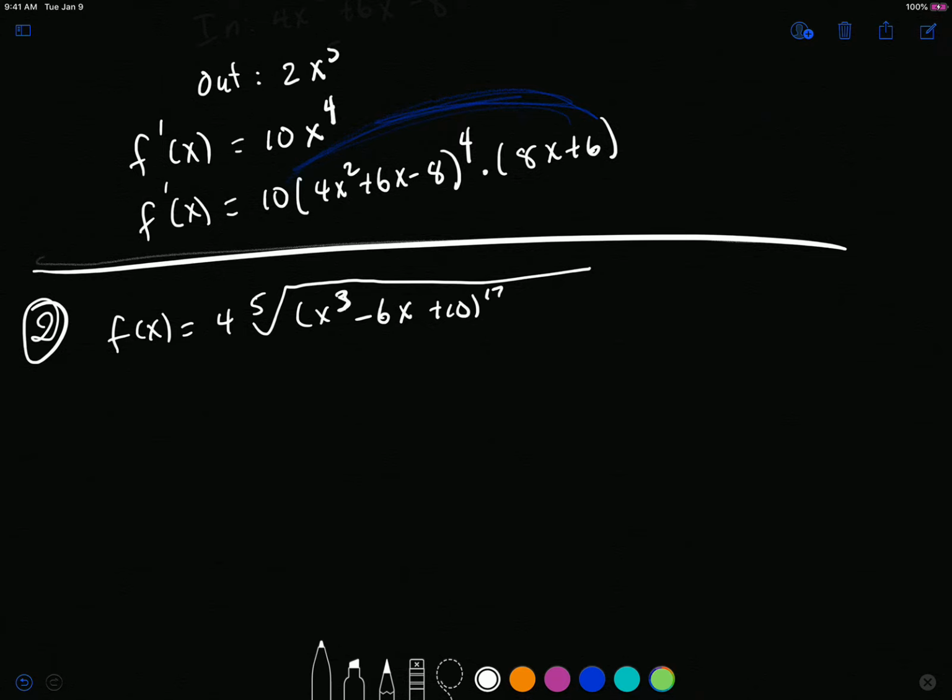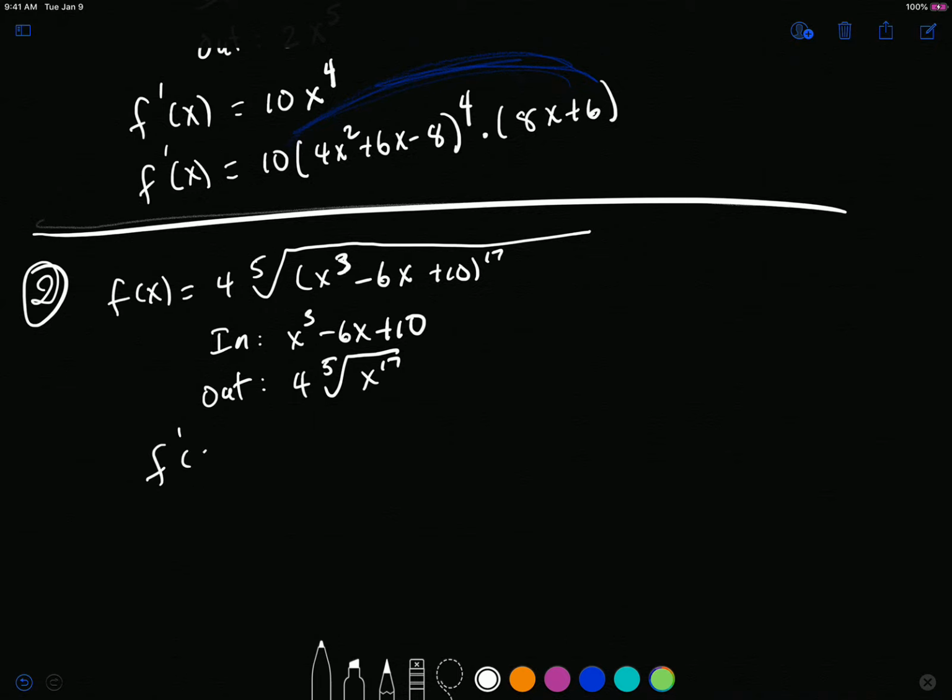And for this question, although not crucial, choosing the correct inside function makes your life a lot easier. In this case, the simplest inside function is your x cubed minus 6x plus 10. And therefore your outside function will be 4 times the 5th root of x to the 17th power.